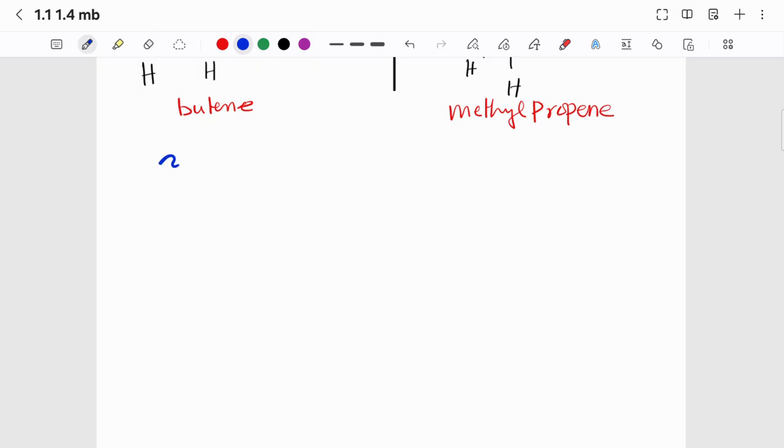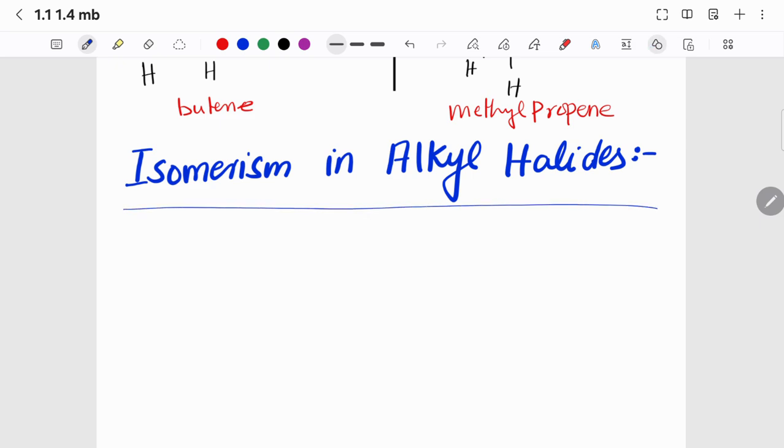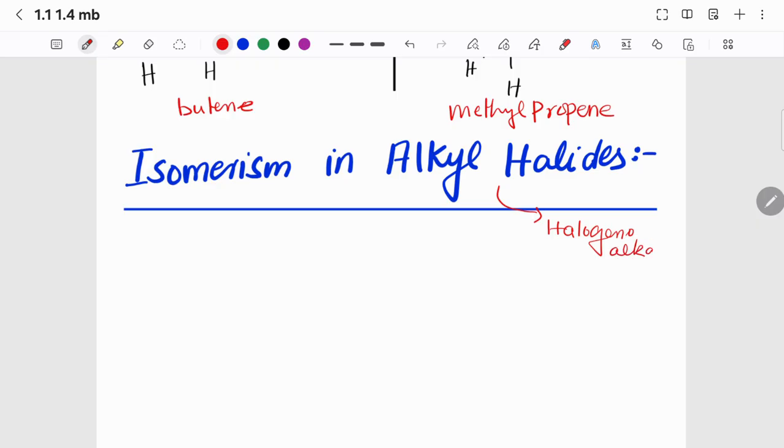Okay, isomerism in alkyl halides. The other word for alkyl halide is halogenoalkanes.